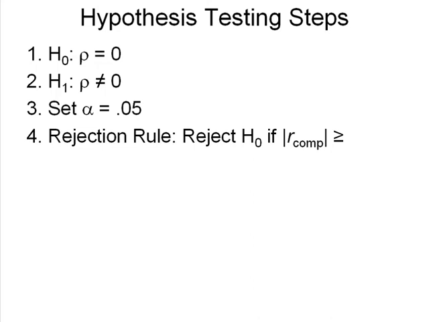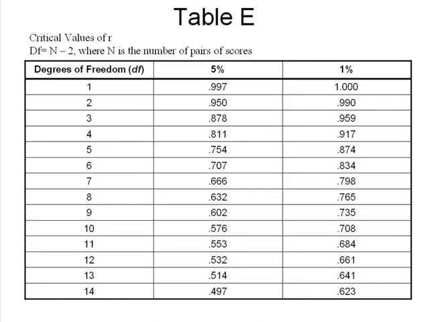At the time of this recording, it's table E, but since the editions of the books change, it may be different for you. There should be a table that has the critical values of R scores, and here's what it looks like at the present time.